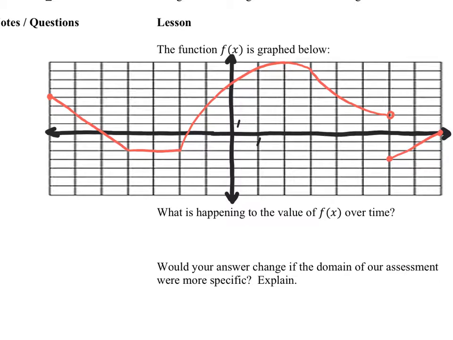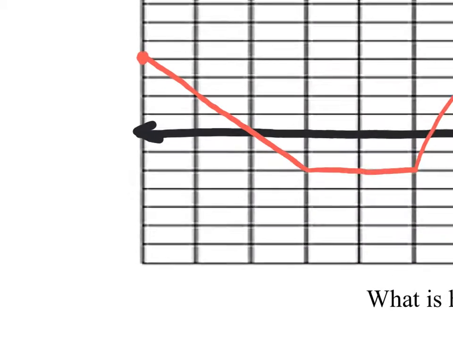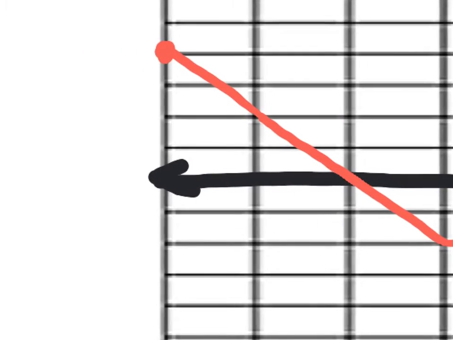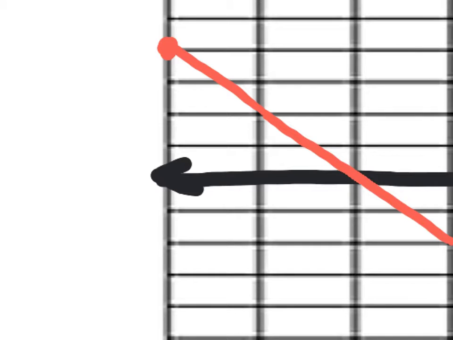I'm going to zoom in here really close for a second. If we just zoom in to this part of the function, we would say that over time, our function is decreasing. In fact, it's decreasing from a value of 4 all the way to -2.